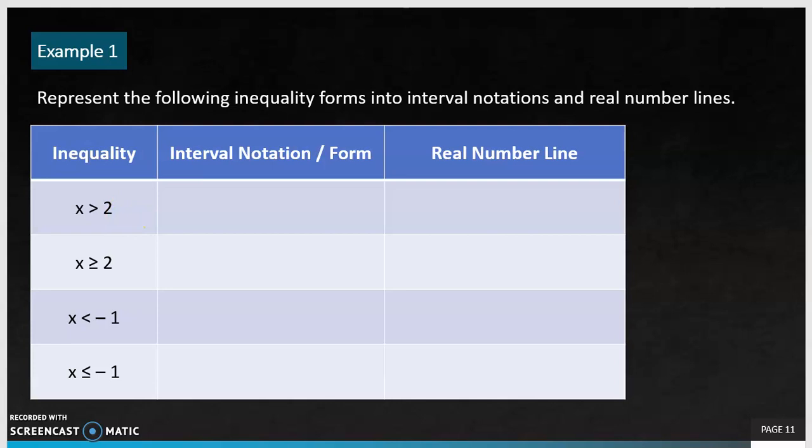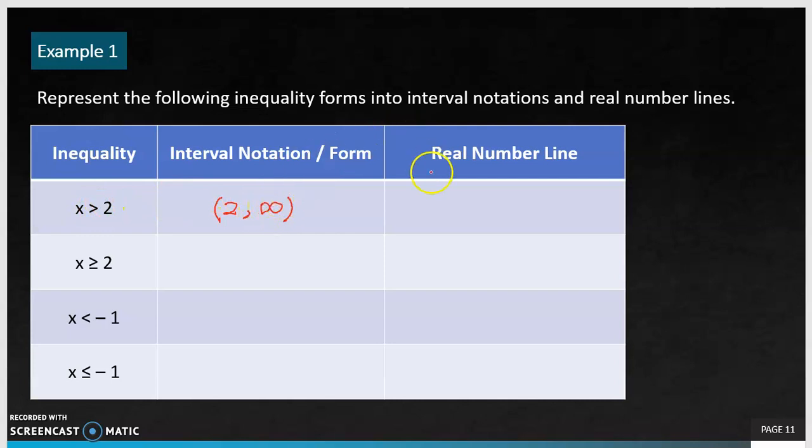When x is greater than 2, 2 is not included, so we will use a round bracket, from 2 until positive infinity. Remember, 2 is not included, since it is greater than 2, going until infinity.